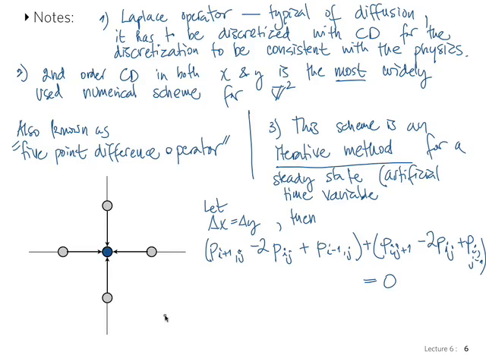So this basically is a linear system of equations for all the points in the grid with a coefficient matrix which is pentadiagonal.